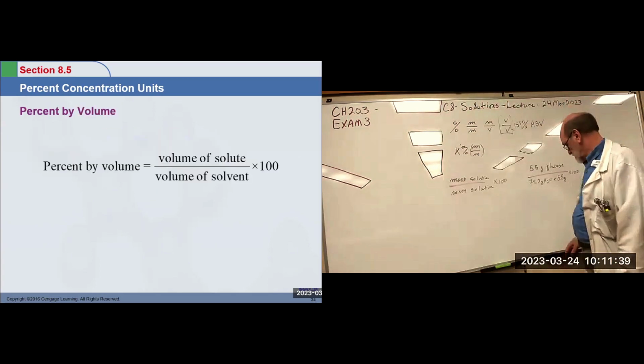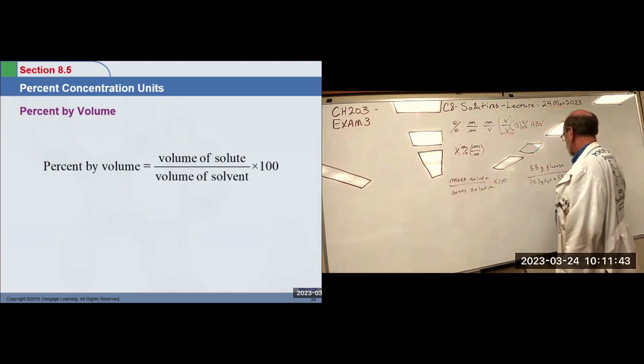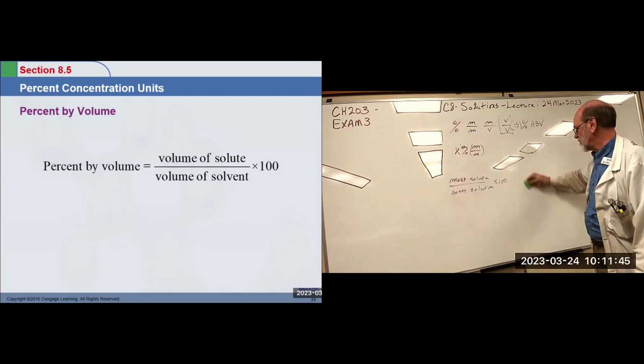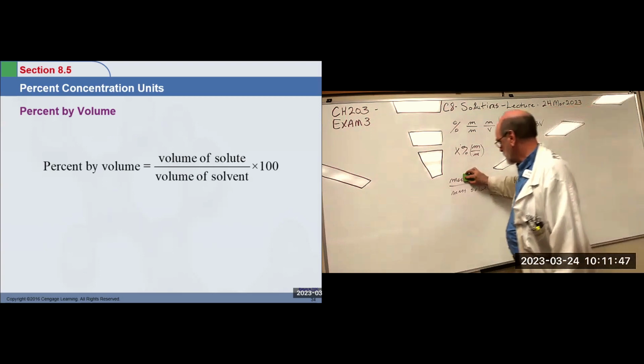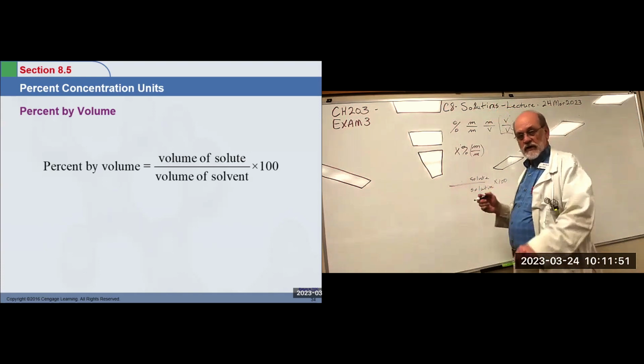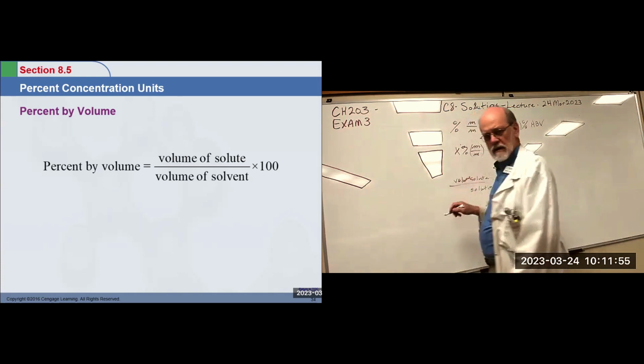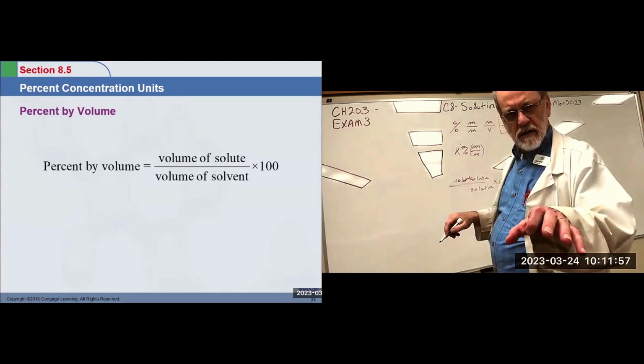Percent by volume, we're going to skip this one and go to this one. Percent by volume is the volume of the solute. That's wrong.